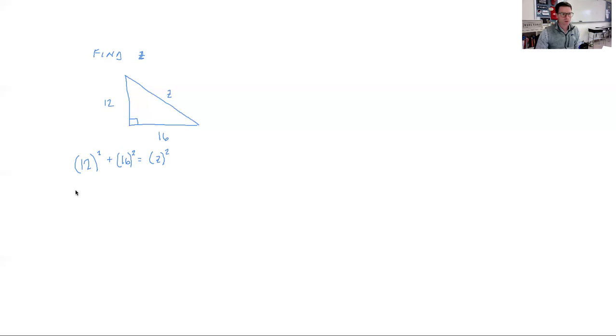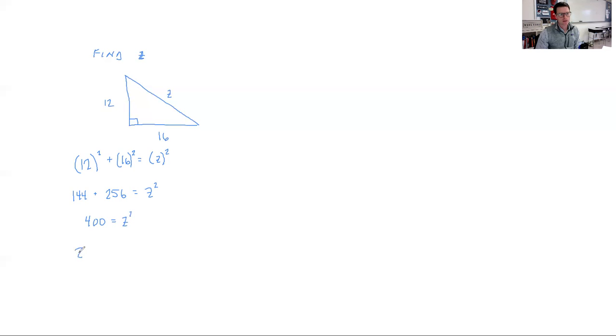So let's get into it. 12 squared is 144. 16 squared is 256. And Z squared stays Z squared for now. Okay, I gather like terms. 144 and 256 is 400. So I get 400 equals Z squared.